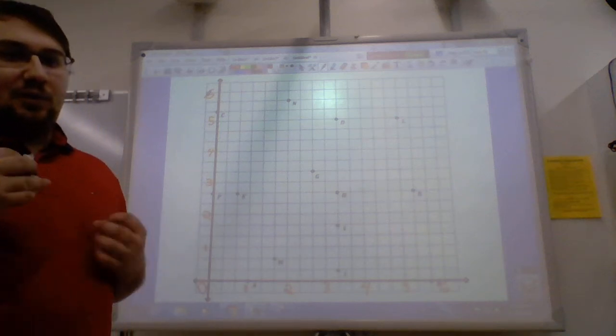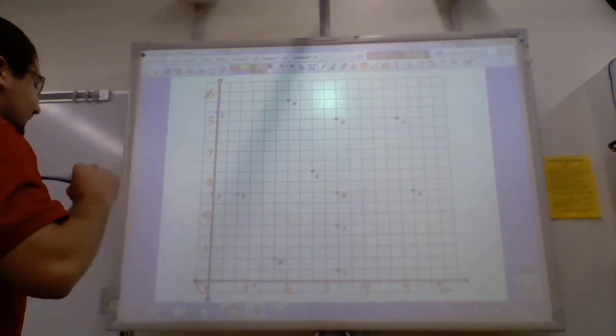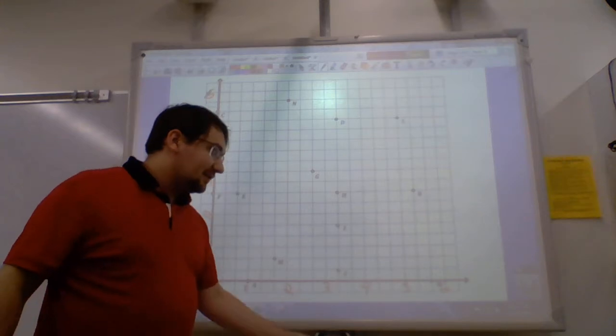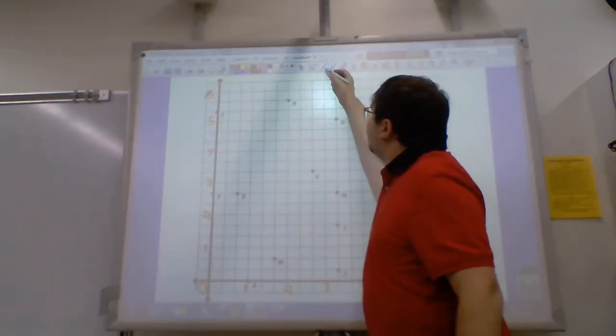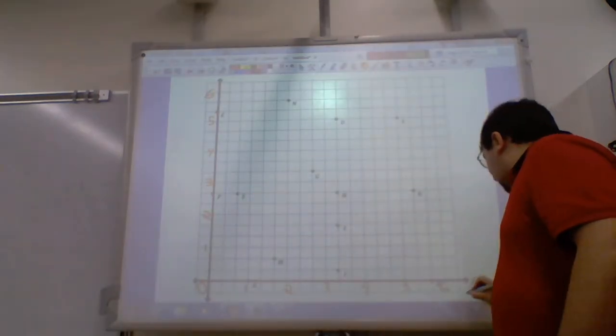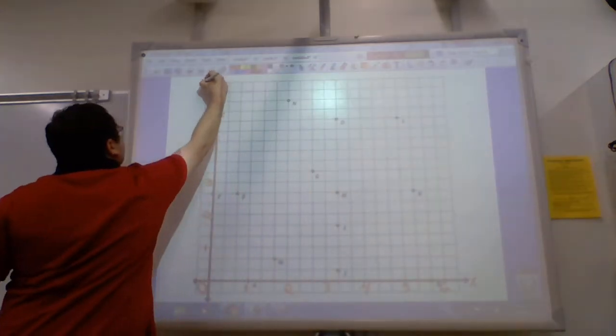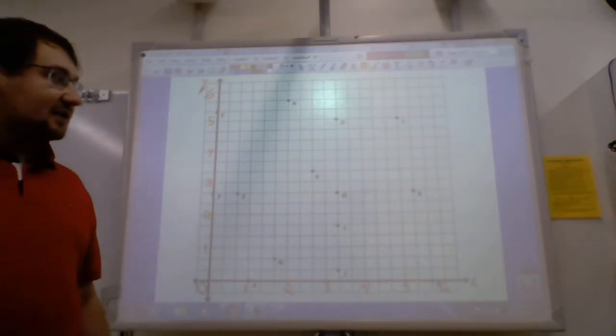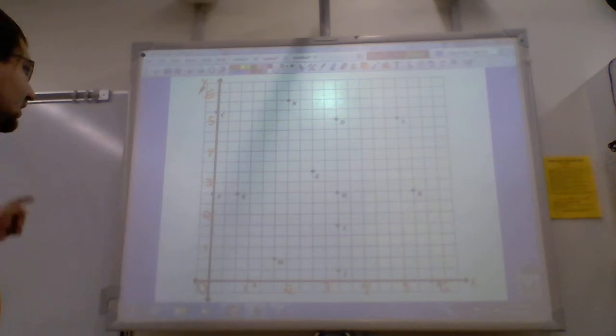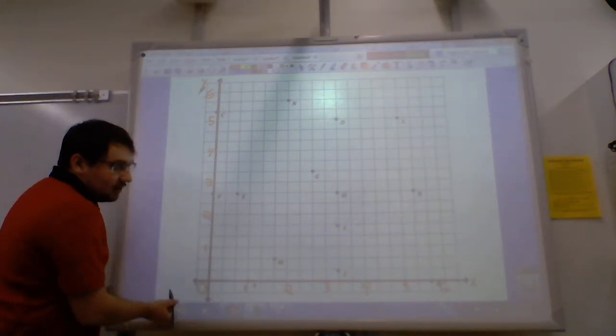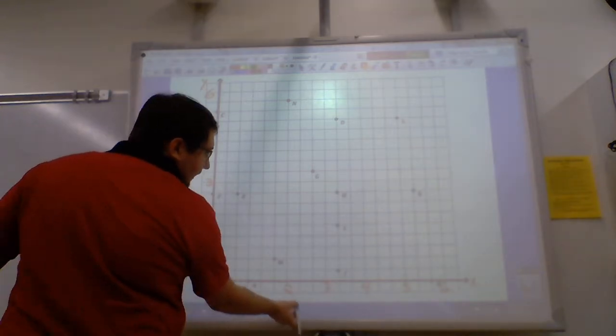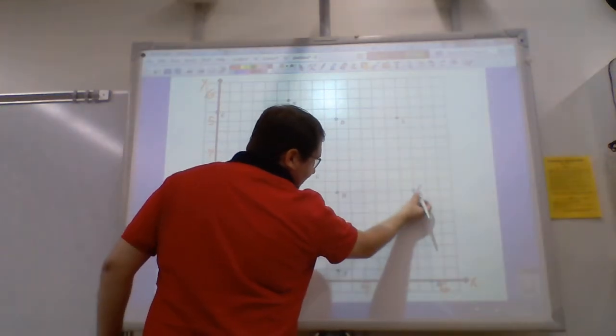So again, when we're finding our coordinate points, before we do anything, we need to go along our X line to find our coordinate for X before we can go along our Y line to find our Y coordinate. So let's go along our X line until we get to where K is.